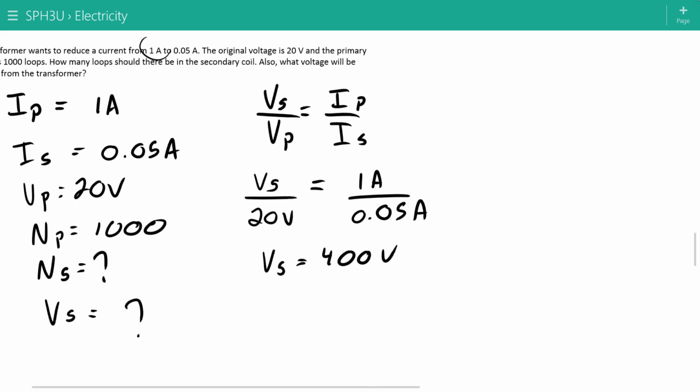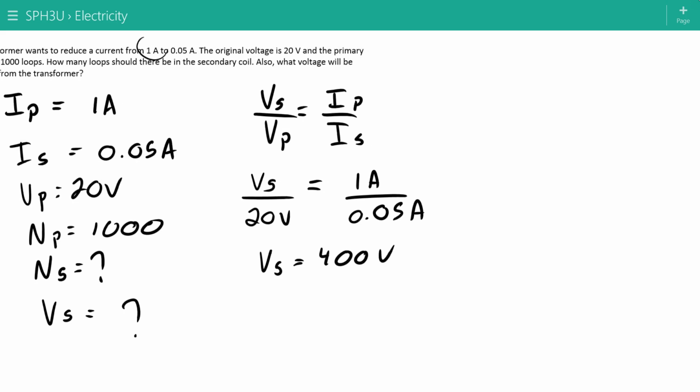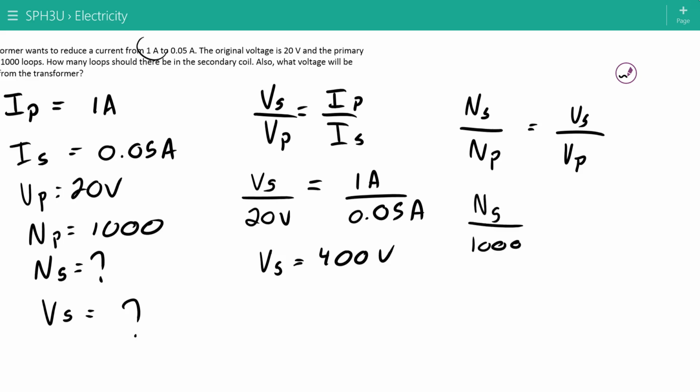So now with my primary and secondary voltages, I can find my secondary number of coils. Again, this is a direct relationship, so I'll just set up a direct ratio where my secondary coils is tracking directly to my secondary voltage. Not knowing my number here, I have 1000 on the primary.